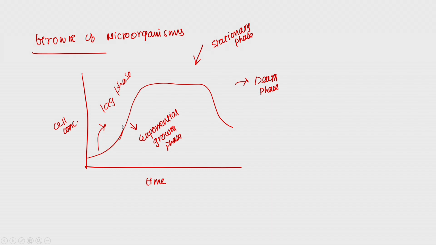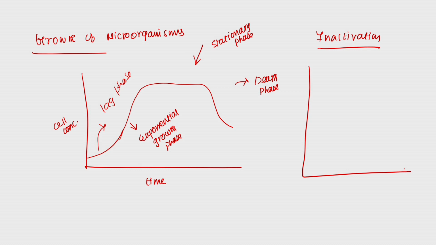Here we are talking about inactivation, right. I already told you inactivation can be done in many ways. For example, this is my cell concentration over time. If I apply some bactericidal compound, how does it behave, right?